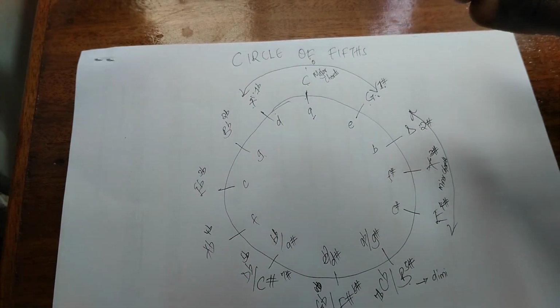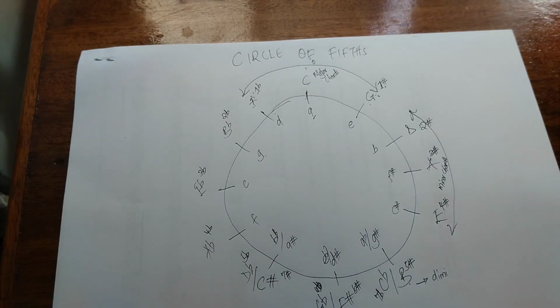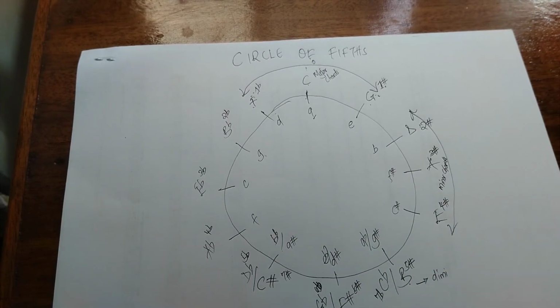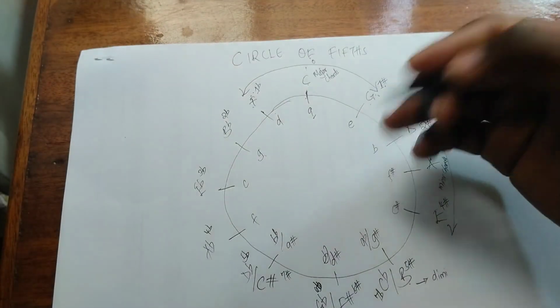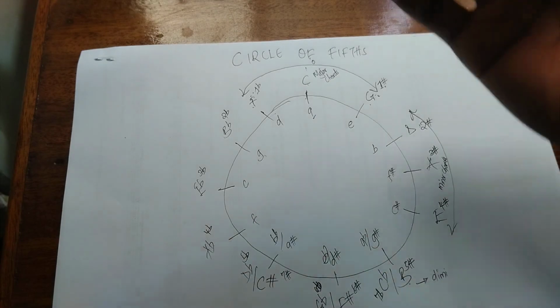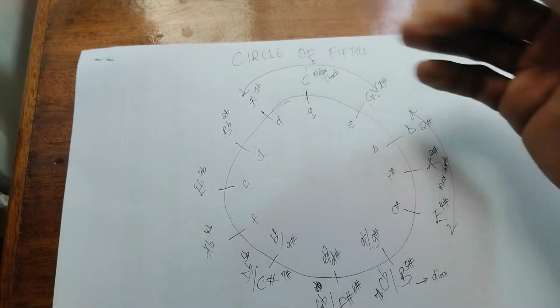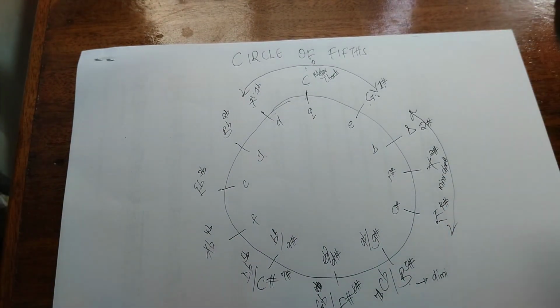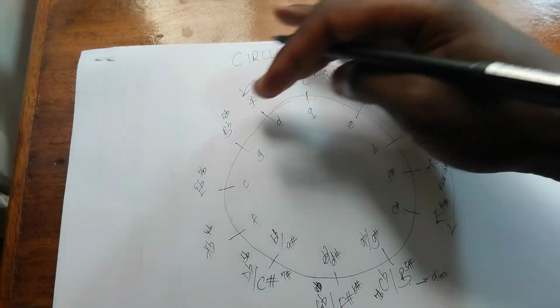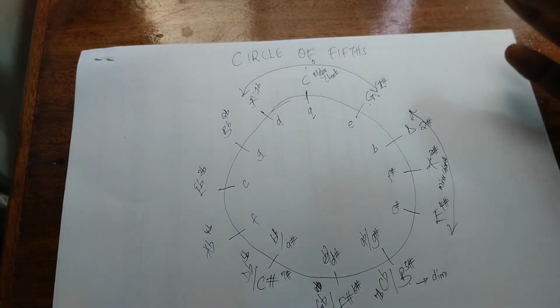You can also easily move from C to G major because it is just a fifth; you need to add one accidental, which is a sharp. Then you can also easily modulate from C to F major, wherein you are just going to add one flat. So it is very easy to know the easy keys to modulate to.